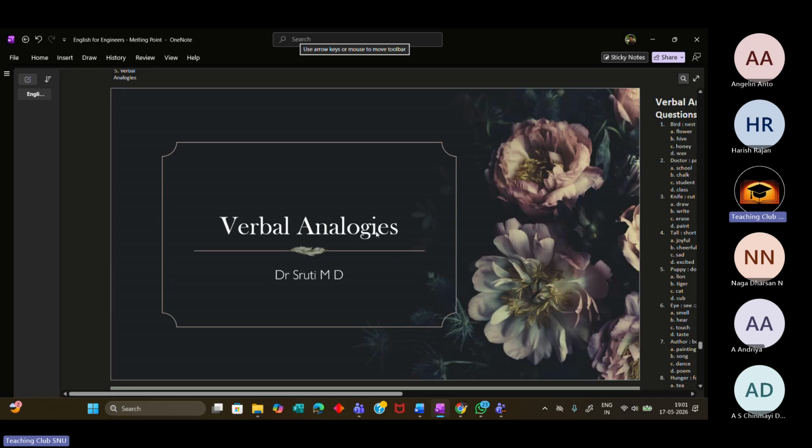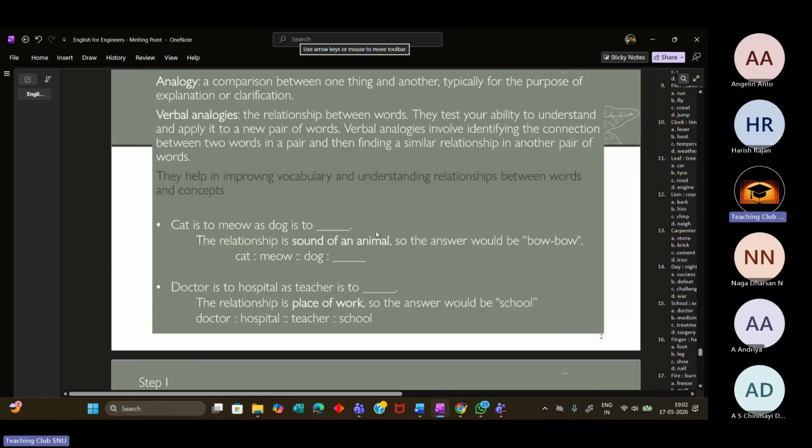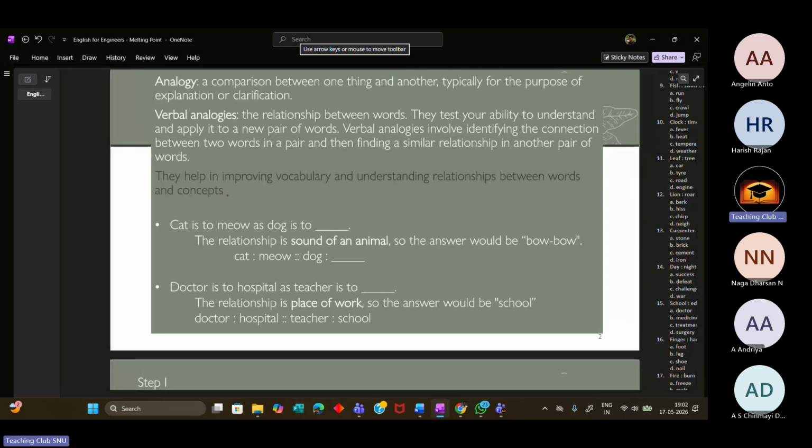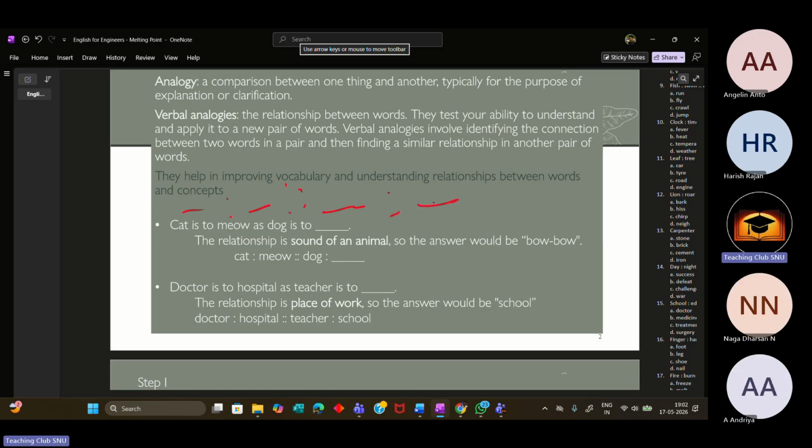We are basically given one pair showing a relationship between two words, and it has to show the same relationship between the third and fourth word. For example, cat meow, dog what? The relationship is the sound made by the animal on the right.